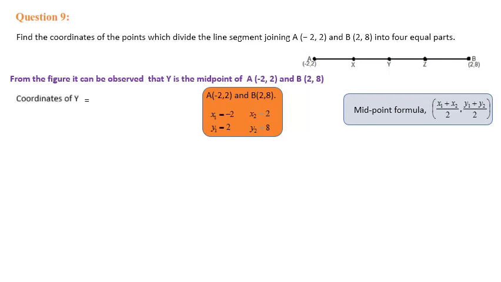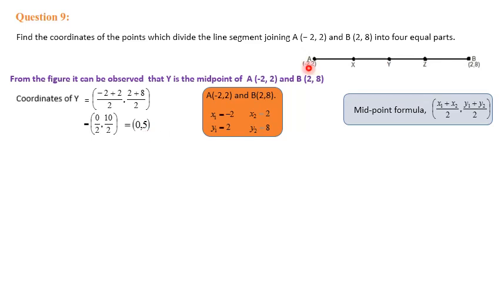Substituting, the coordinates of Y are (-2 plus 2) divided by 2, and (2 plus 8) divided by 2. Calculation: -2 plus 2 is 0 by 2, which is 0; 2 plus 8 is 10 by 2, which is 5. So the coordinates of Y are (0, 5).